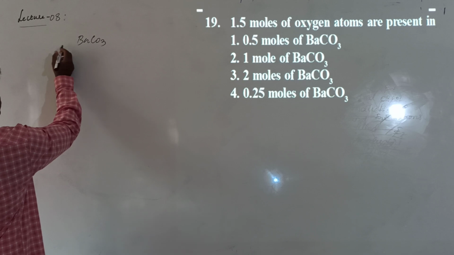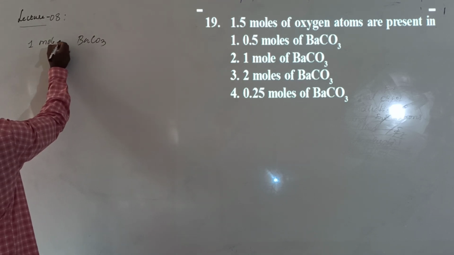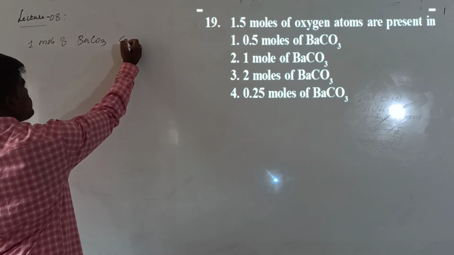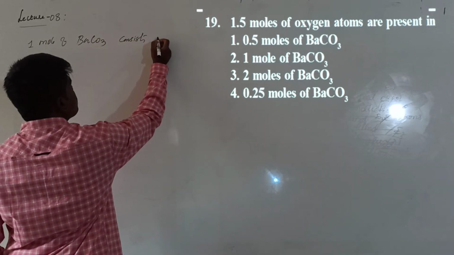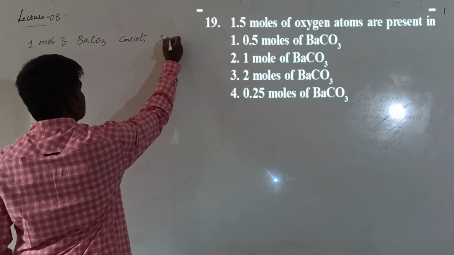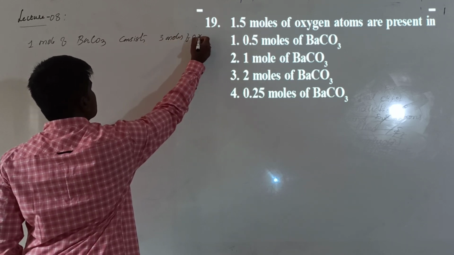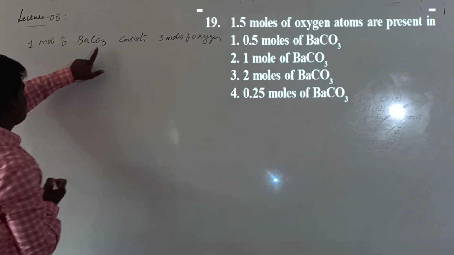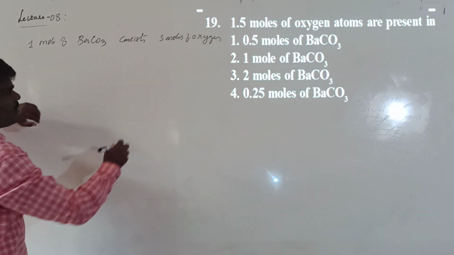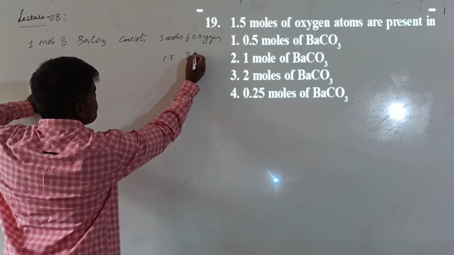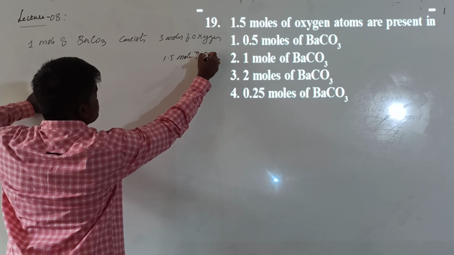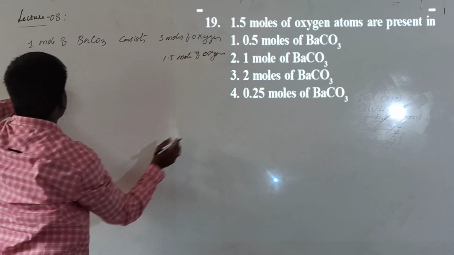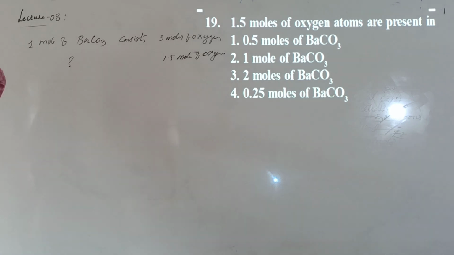See, this is 1 mole of barium carbonate. 1 mole of barium carbonate consists of how many moles of oxygen? 3 moles of oxygen. See, 1 mole will contain 3 moles. So 1.5 moles of oxygen will be present in how many moles of barium carbonate? Just like cross multiplication.